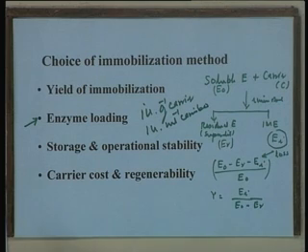That means you pack the carrier into a packed bed, and then consider the volume. So you can express it either as international units per gram of carrier, or in terms of volume, so that it can be compared directly to a soluble enzyme.